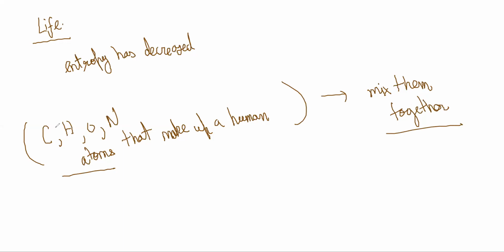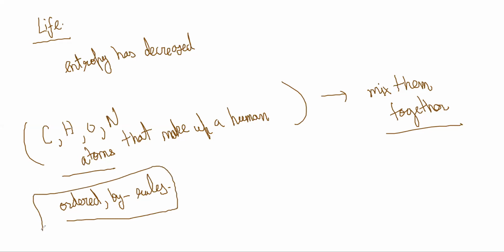So you are alive, that means lots of atoms and molecules are behaving in a very ordered way, by so many rules. They are existing in a system which works flawlessly and together.